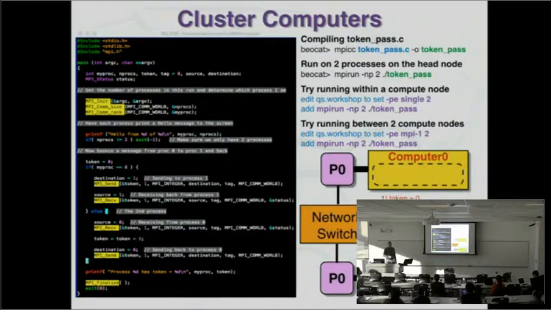So each of the different programs that are running the same job will have a different processor number. I use the variable myproc. A lot of MPI will use the word rank, as in which rank are you.